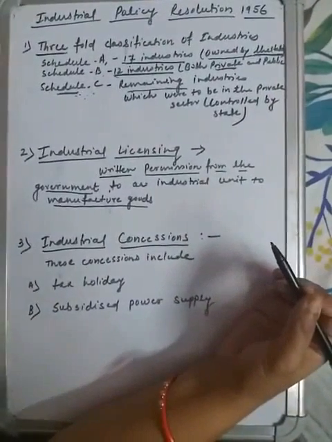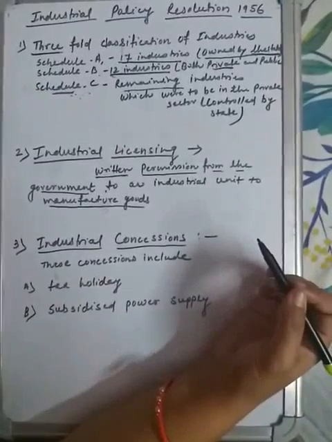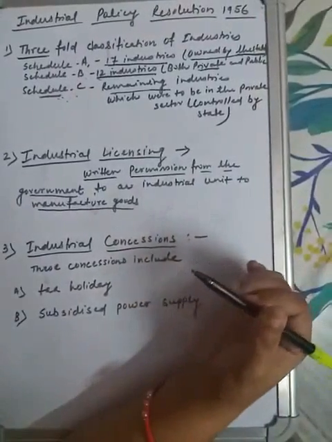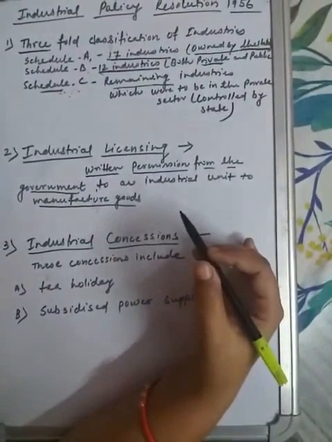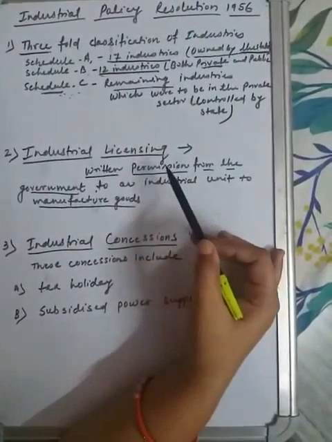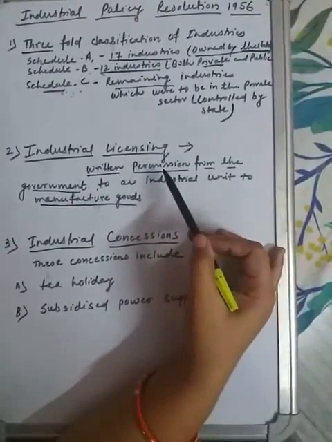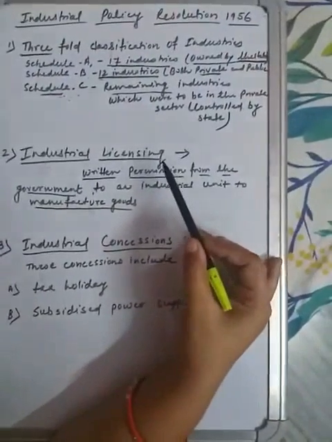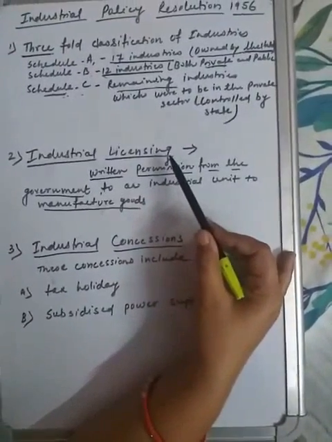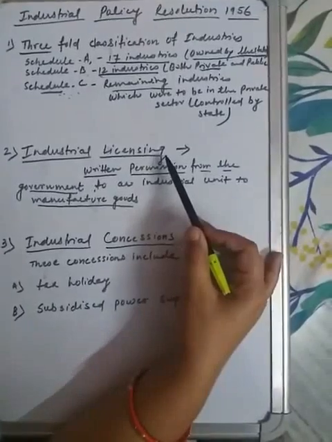We can also say that industries in the private sector could only be established through a license from the government. Without a license, a private sector cannot set up an industry in the economy.